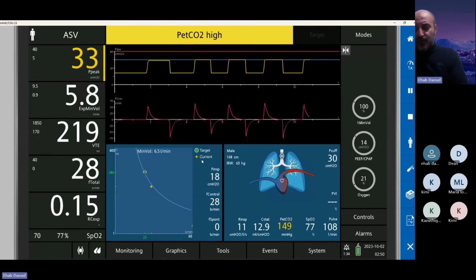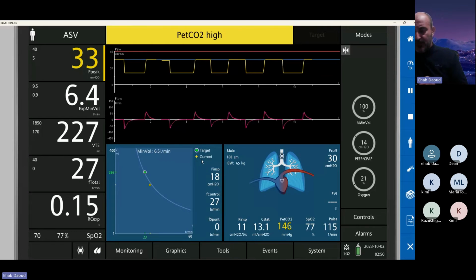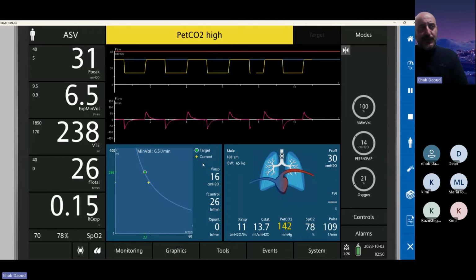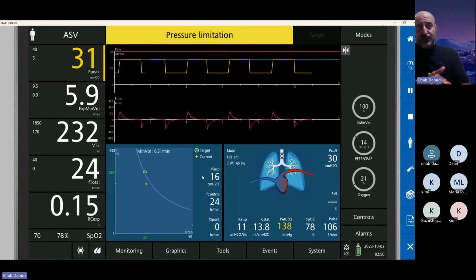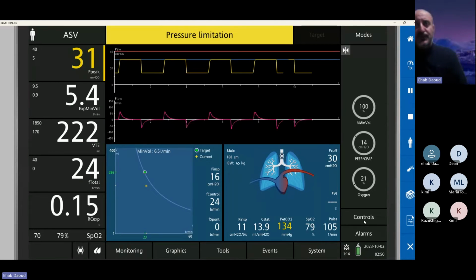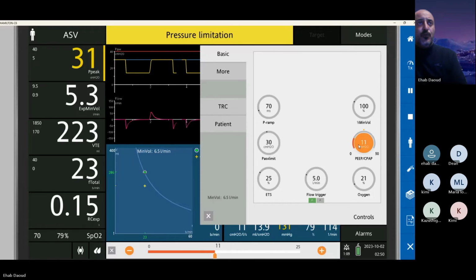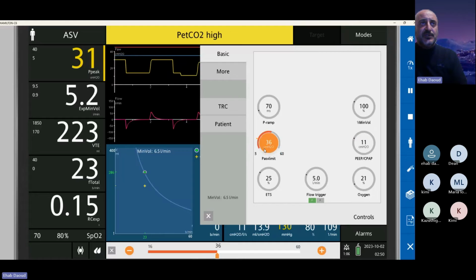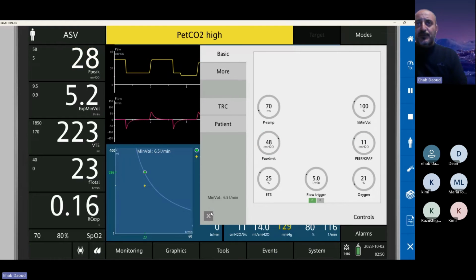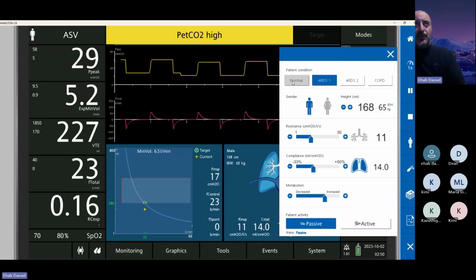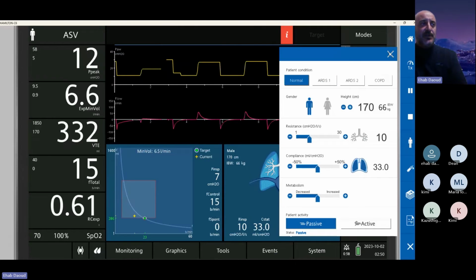There are a couple of different adaptive modes, almost 4 or 5 of them. Most of them are similar, but with different names on different ventilators. But again, I'm talking here about ASV because that's what I have on my simulator, and we're just going to increase. And let's make that patient have kind of normal lung mechanics, so you can see it.